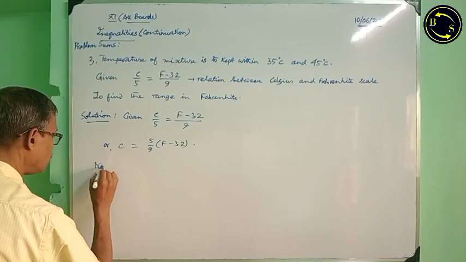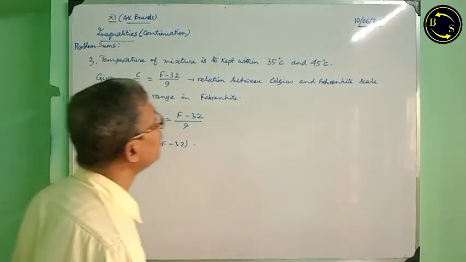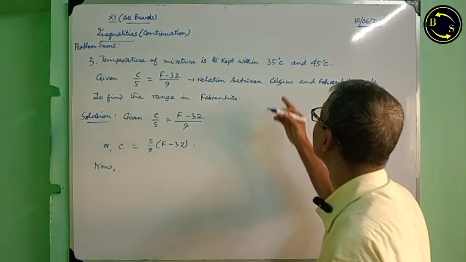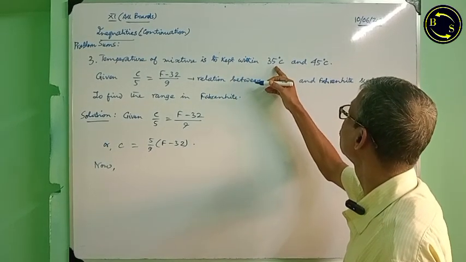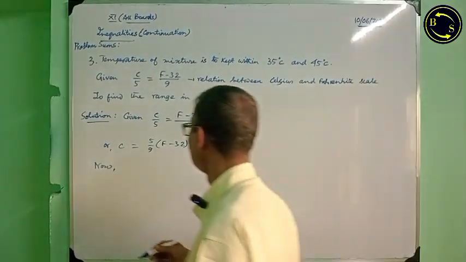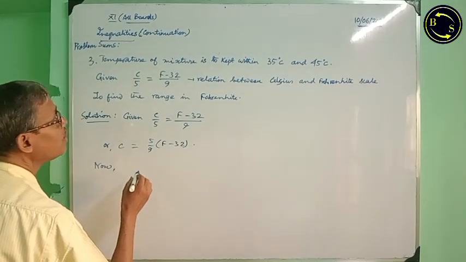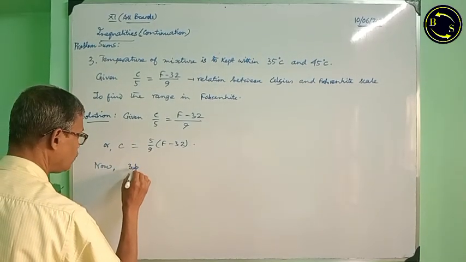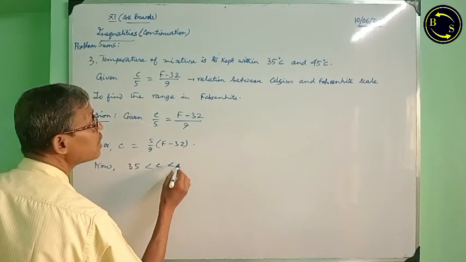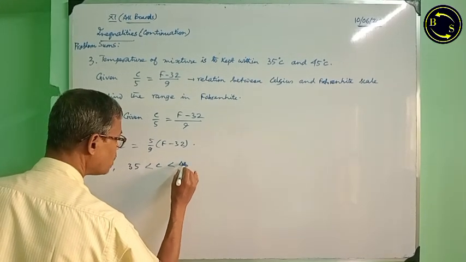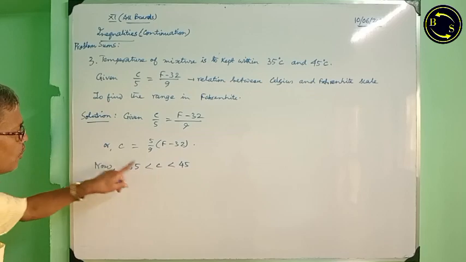Now, in Celsius, temperature should be within 35 and 45. 35 less than C less than 45. This C is for Celsius.